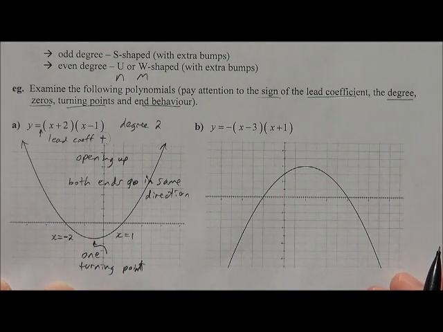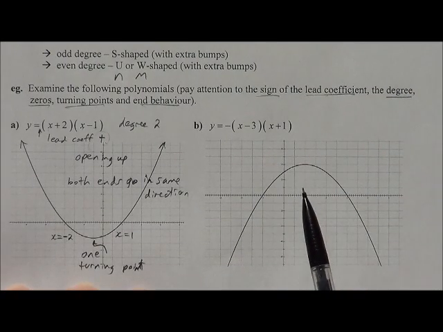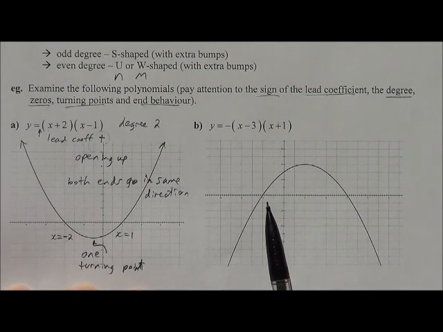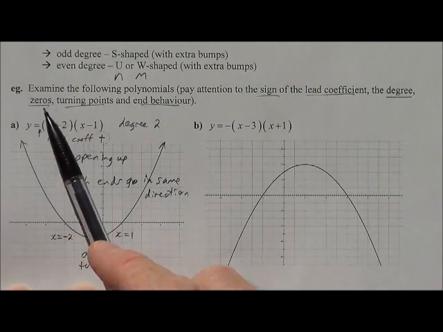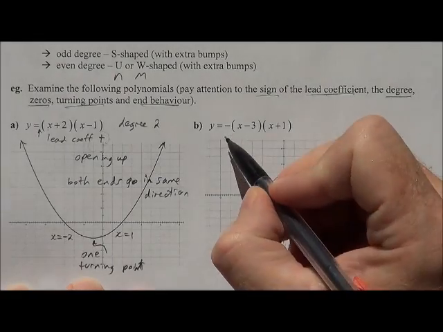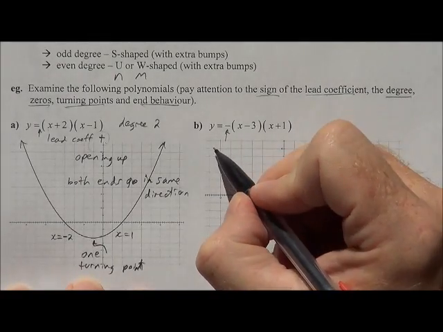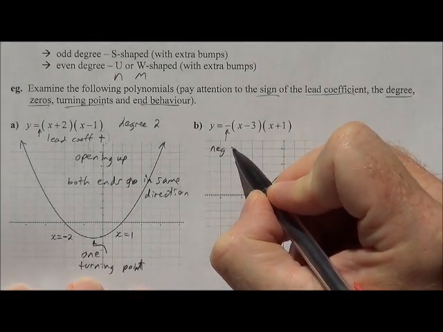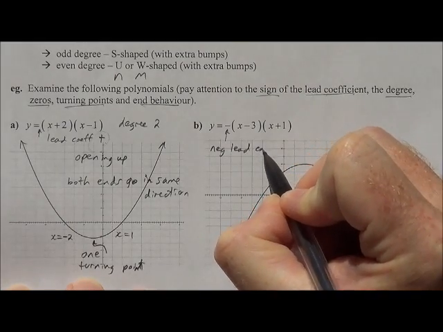Moving right along. Pause the video and analyze this one using the same technique. So pause right now. The sign of the lead coefficient is going to be negative.